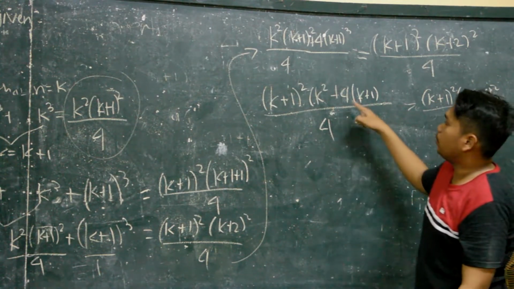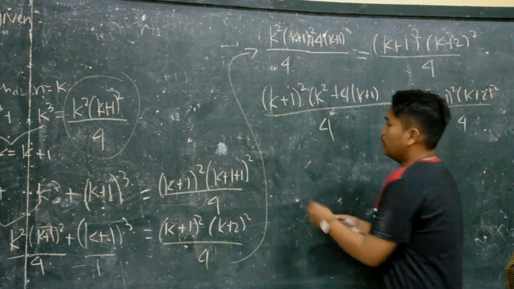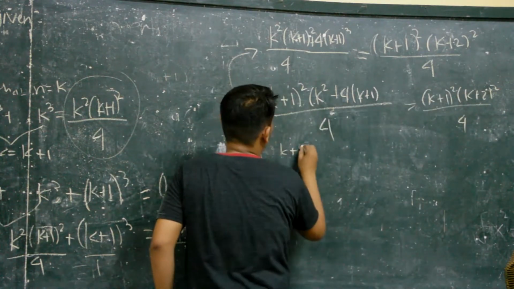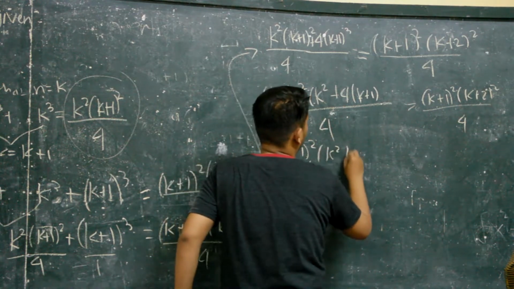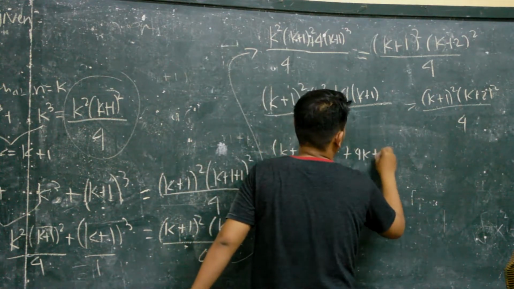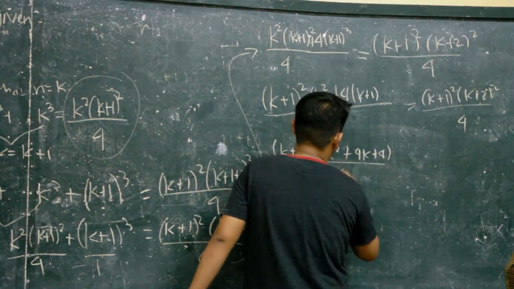So we can distribute this 4 with k plus 1. So k plus 1 squared times k squared plus 4k plus 4 all over 4.